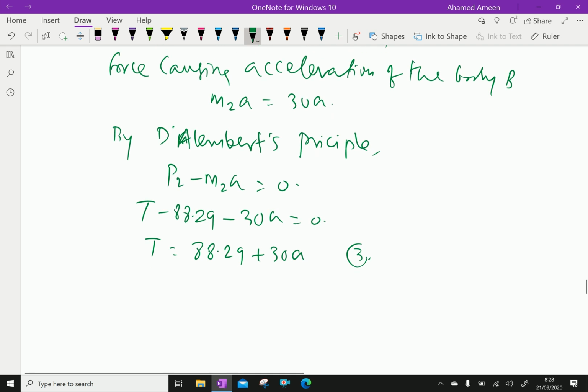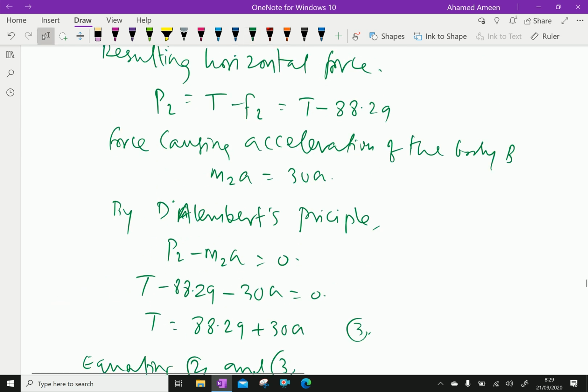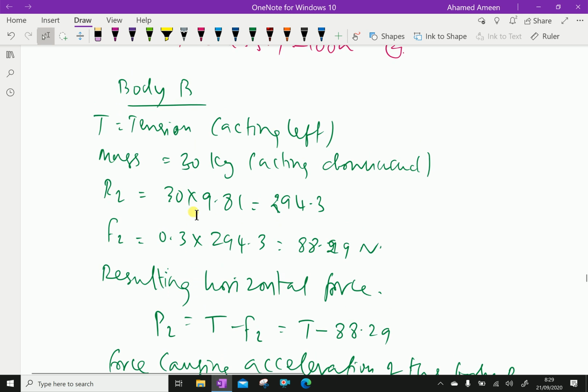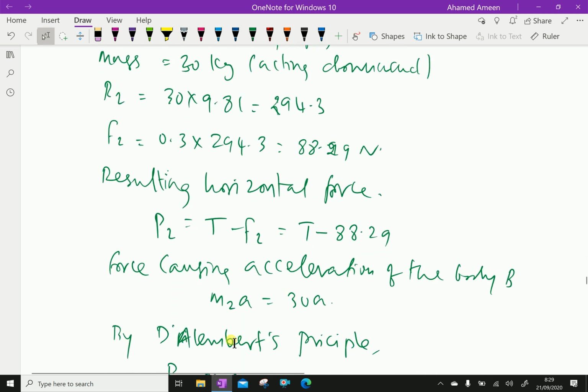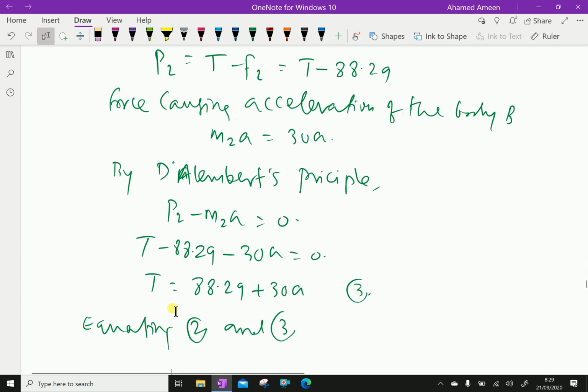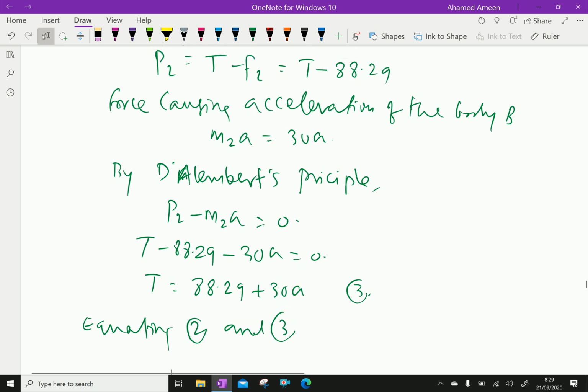Now equating 2 and 3. By the first body, by D'Alembert's principle, the tension is 255.7 minus 100a, and from equation 3 it is 88.29 plus 30a.